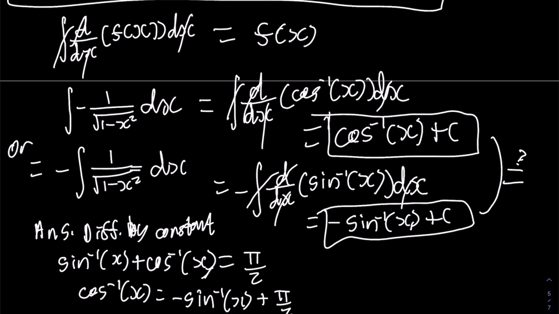However, we just have a plus pi over 2, so that is where "differ by a constant" comes from, because these are equal, however they just differ by pi over 2. So you can combine this pi over 2 with this plus c, because this plus c is a constant of integration. Pi over 2 is just another constant, so eventually you can join all of them to become another c and see that they are indeed equal.